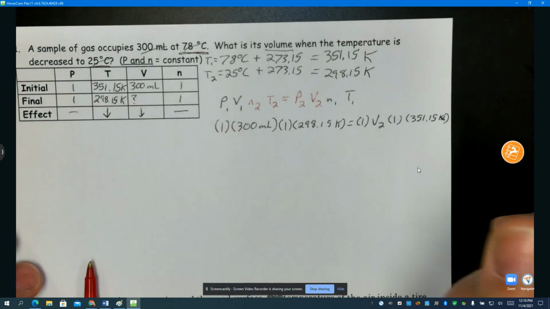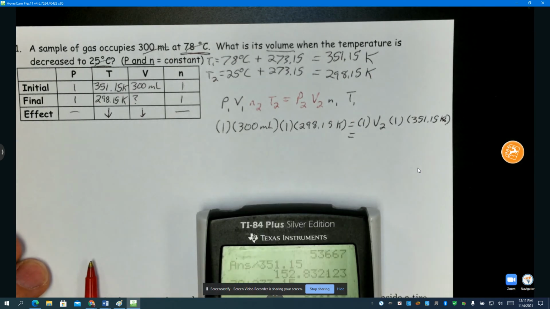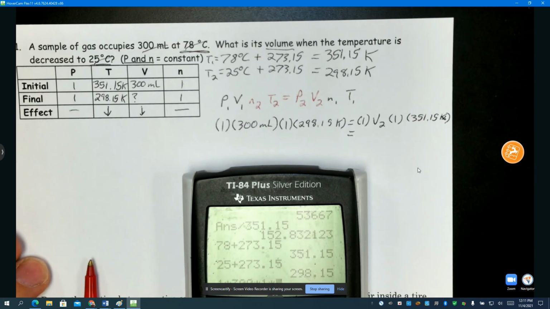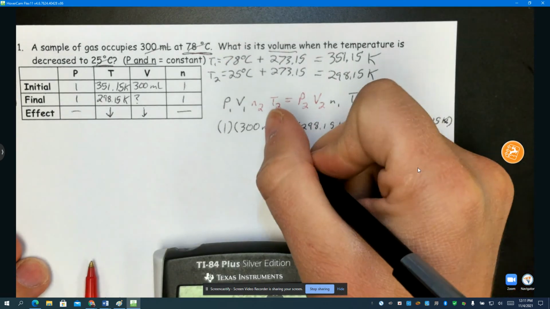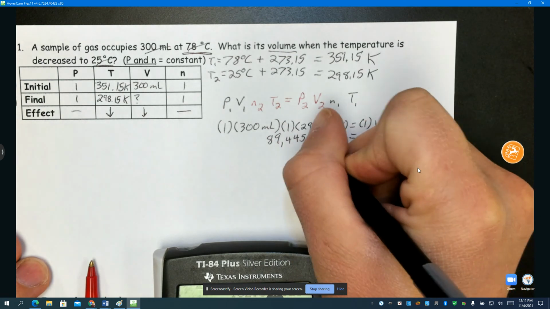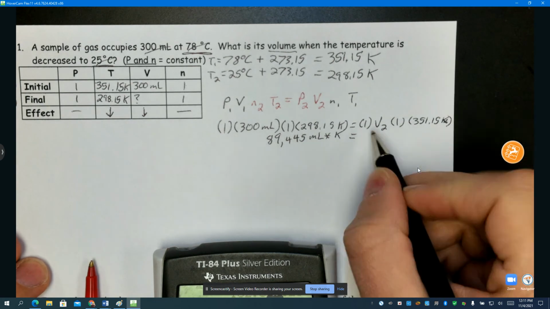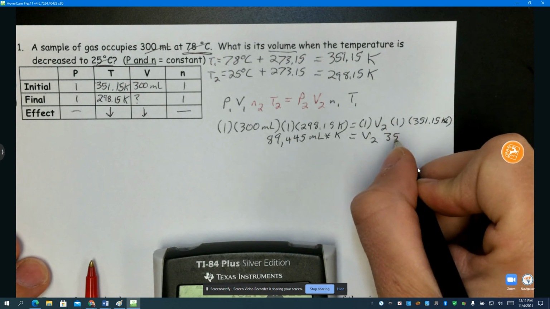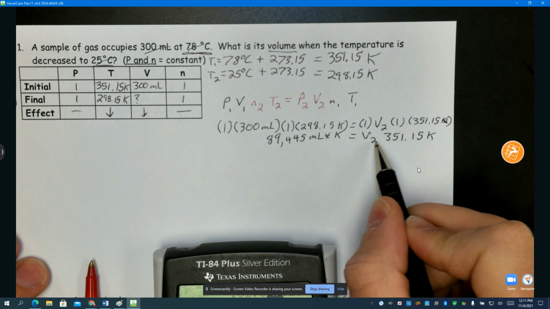Okay? So now we're just going to simplify. So we're going to multiply these things together. 1 times 300 times 1 times 298.15 gives us 89,445 milliliters times Kelvin. And this, we're just going to combine things. 1 times V2 times 1, that's just V2, and 351.15 Kelvin. Now, we're trying to solve for V2.